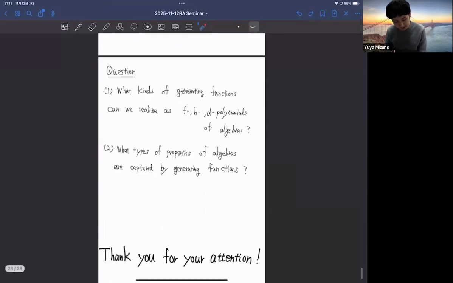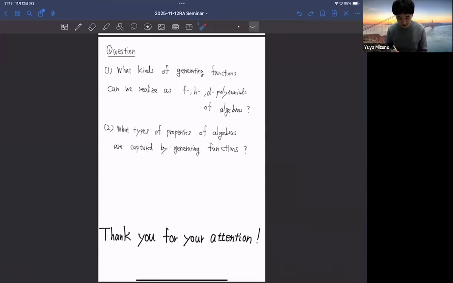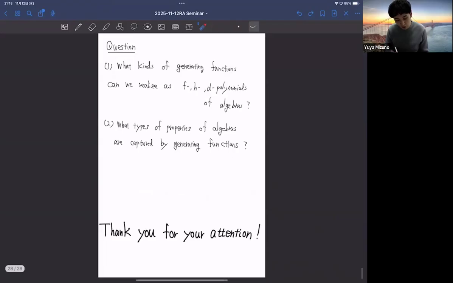So finally, I just give some questions. What kinds of generating functions can we realize for F polynomials, H polynomials, or D polynomials of algebras? In this talk, we focus on preprojective algebras, and their H polynomials and D polynomials have nice generating functions.